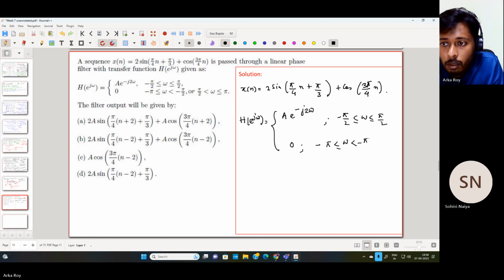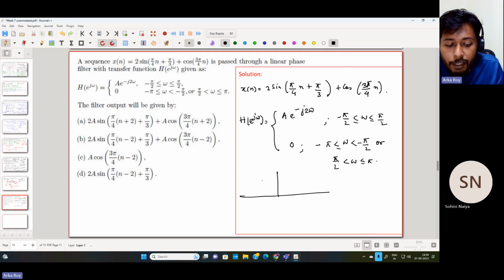and it is 0 for pi by 2 less than omega less than pi. So if I draw the magnitude plot of this particular filter, H(e to the power j omega), I am just plotting the magnitude part only.